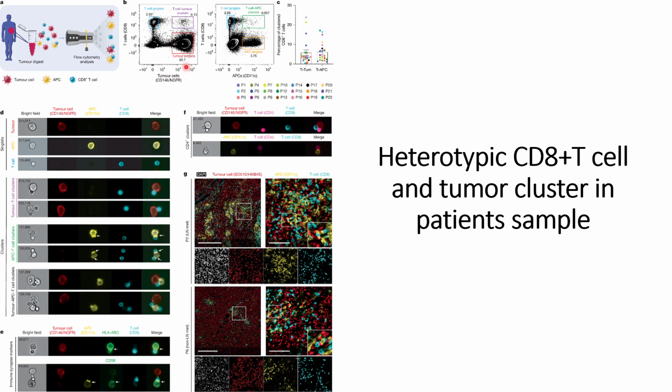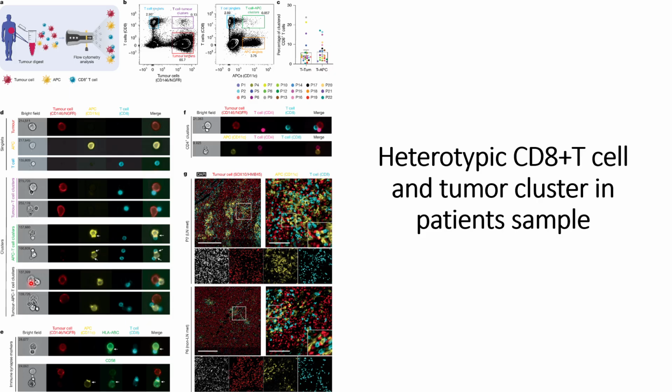After getting the positive results from the flow cytometry, they also checked the immunofluorescence images in the microscope. Here the first 3 rows are for the singlets, and the next 2 rows are for the tumor and T cell clusters, where we can see that the T cell and tumor clusters are formed. And then they also checked for APC and T cell clusters. They are also formed, and mainly this could be in the lymph node.